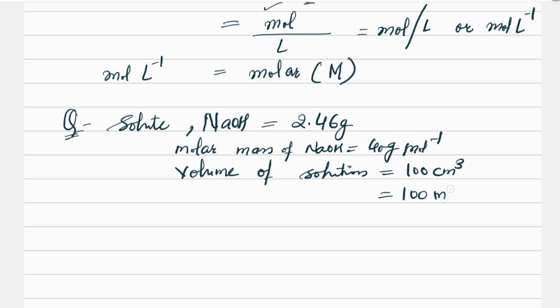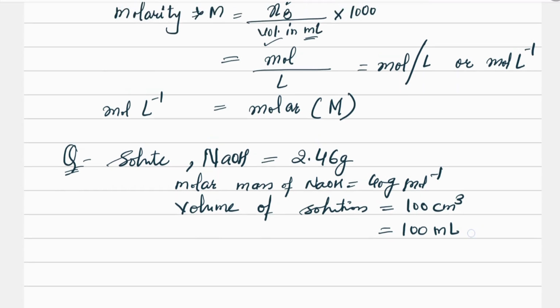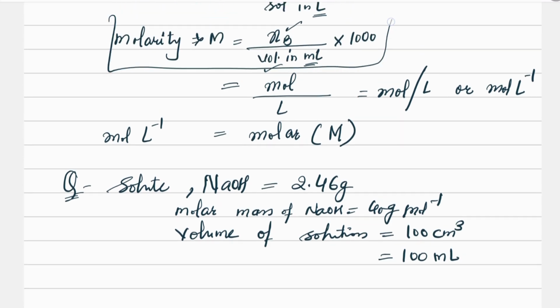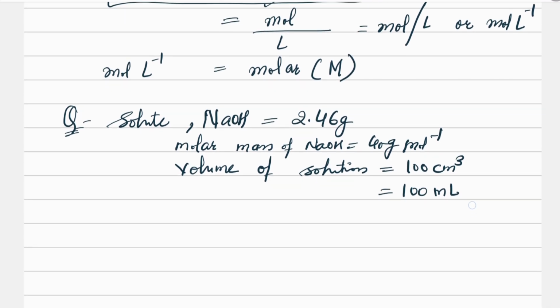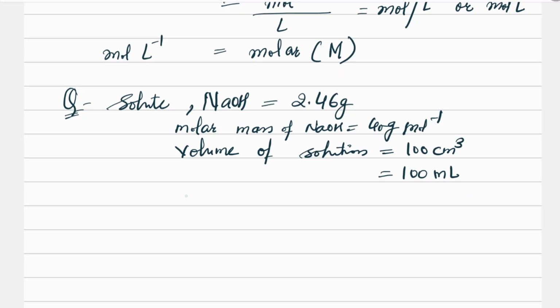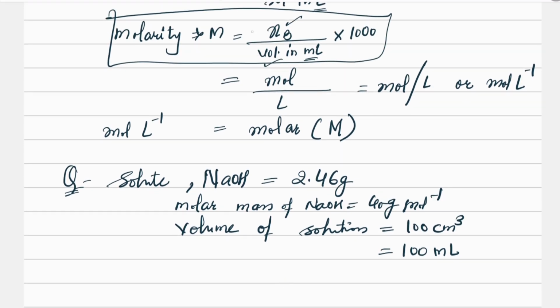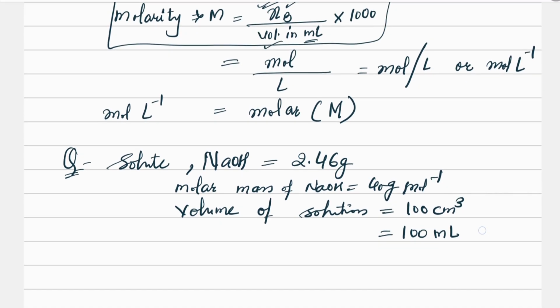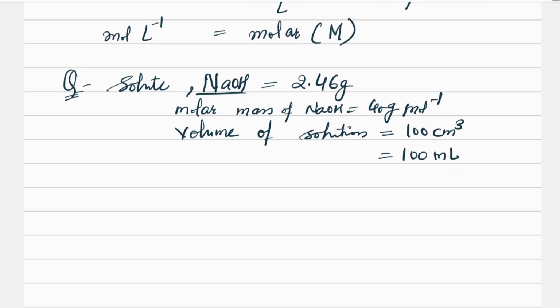So it's milliliters. You can convert this milliliter directly into liters, or you can use the formula of molarity over here. So first we need to find the number of moles of solute. The solute over here is sodium hydroxide. So the number of moles of sodium hydroxide is going to be the given mass of sodium hydroxide divided by its molar mass.